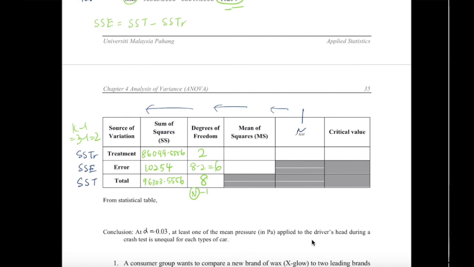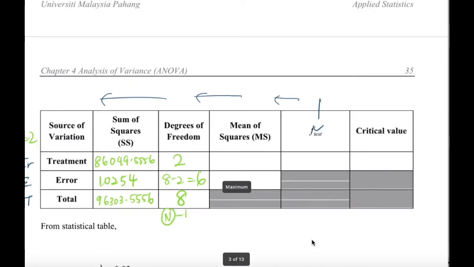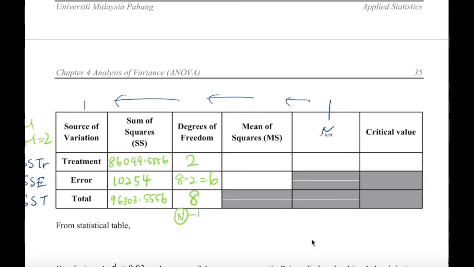Now how do we get mean square of treatment? Mean square treatment is this one divided by 2. 86049.5556 divided by 2, you will get 43024.7778.